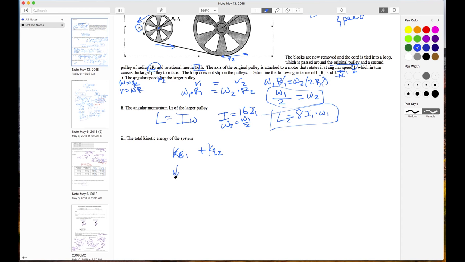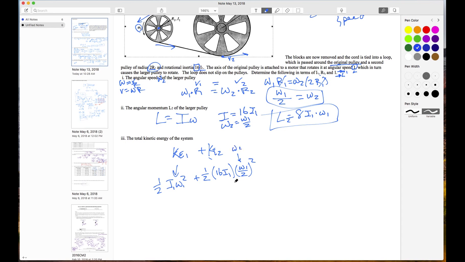Well, kinetic energy of the first pulley is 1/2 I omega squared, where the I1 omega 1 squared, plus the rotational energy of the second pulley, 1/2 times 16 I1 times omega 1 over 2 squared, the omega 2 value.